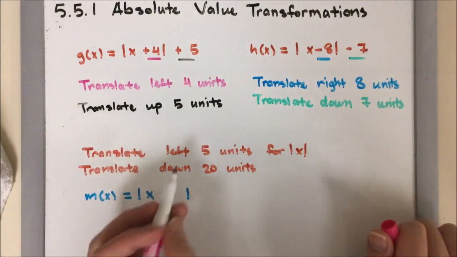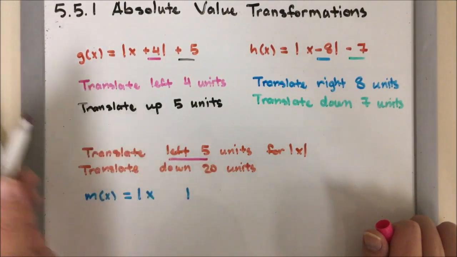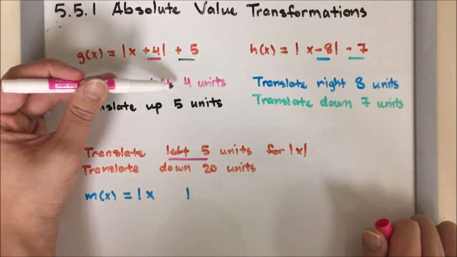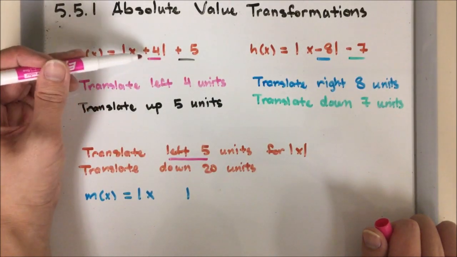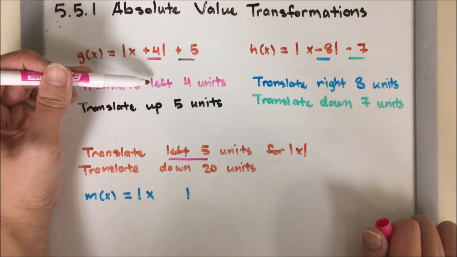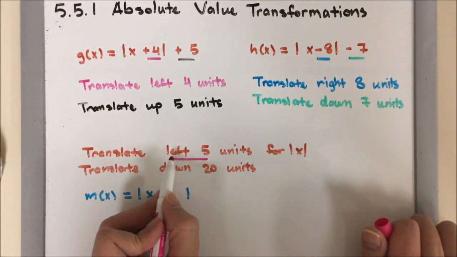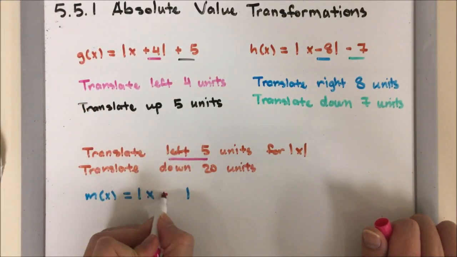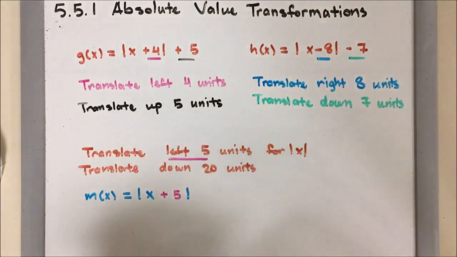Now here it says left 5 units. If we compare, there we have left 4 units, and from the example it says plus 4 for left 4. So here, if it's left 5, we can write plus 5.